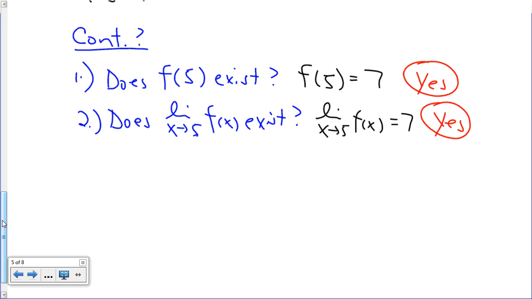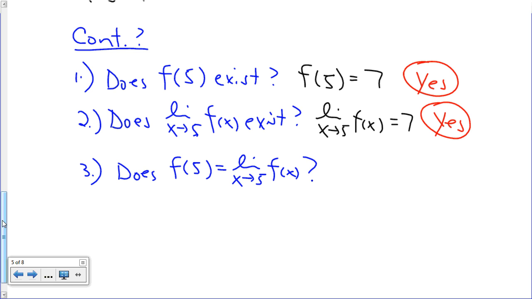Part 3 says, does f of 5 equal the limit as x goes to 5 of f of x? From our work above, they're both equal to 7. So f of 5 is equal to 7, which is equal to the limit as x goes to 5 of f of x. So this is a big yes as well.